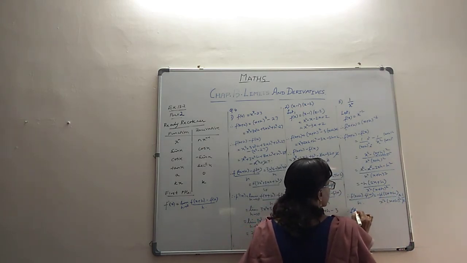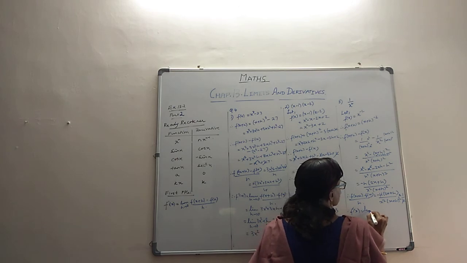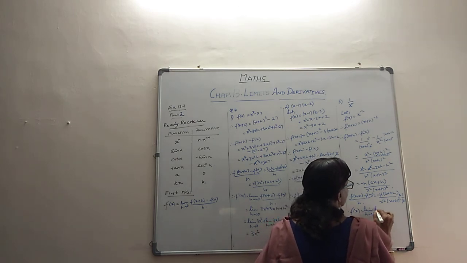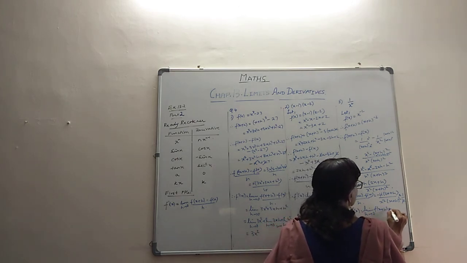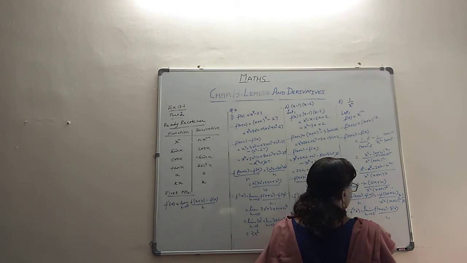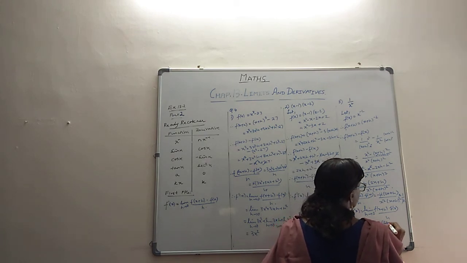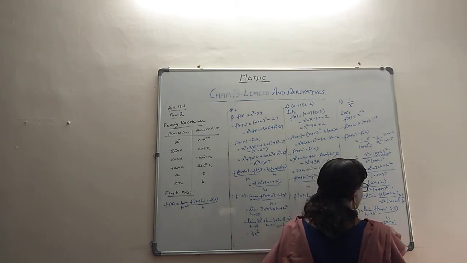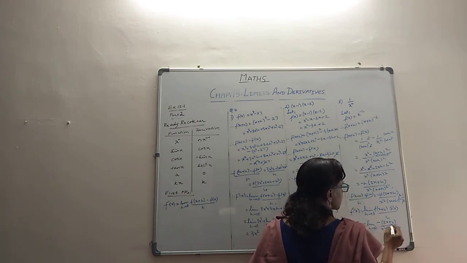So what will happen? Your f dash x by formula is limit as h goes to 0, f of x plus h minus f of x by h. All this is there ready made with us. This entire thing is ready made here. So what is that? It is minus of (2x plus h) by x squared into (x plus h) the whole squared. So h, wherever it is, becomes 0.